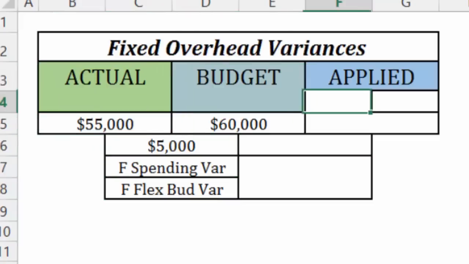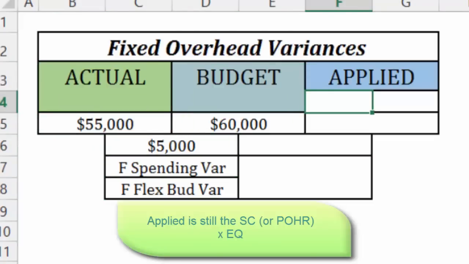Now, on the right, I have applied. We're still going to use the same formula, but I'm going to call it applied here. So it's our predetermined overhead rate of 3 times our expected quantity, which was the 24,000 direct labor hours. So this is the amount that we actually applied.